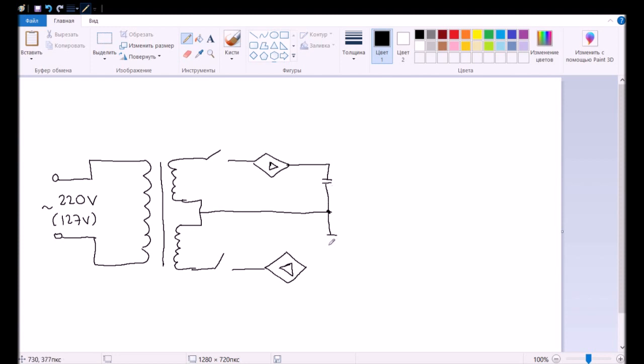Here are the secondary capacitors, in which we will monitor the voltage in both branches, and the charged electrolytics are connected in such a manner with connection to the medium point. Here is the polarity, and I forgot to write a second diode. Okay, now we have two independently charged branches with a medium point which can be connected to the ground of the whole circuit.